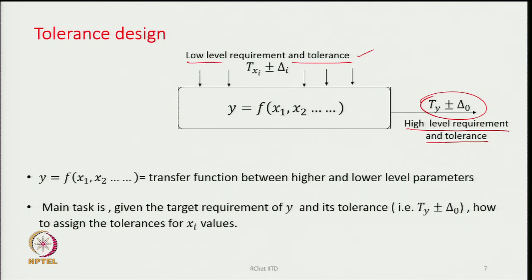So, high level requirement depends upon the low level requirements. Therefore, we can write that y is a function of x1, x2 up to xn, and these are basically independent parameters that are going to affect the dependent variable, which is y.